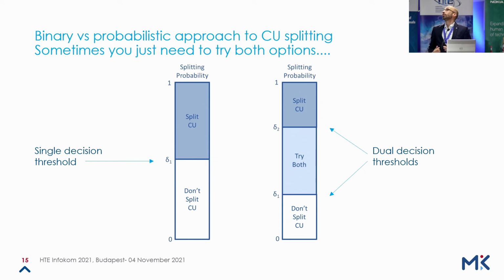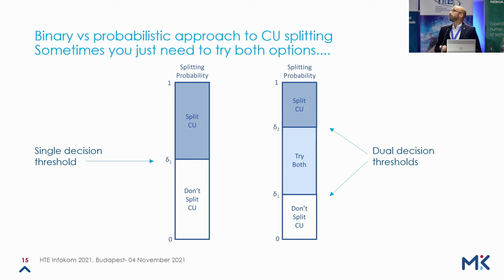And also, if you think about it, when you try to infer how the block will be split based on the input metrics, what your neural network returns is a probability. It's like, well, I think that this block will be split with 89% confidence.